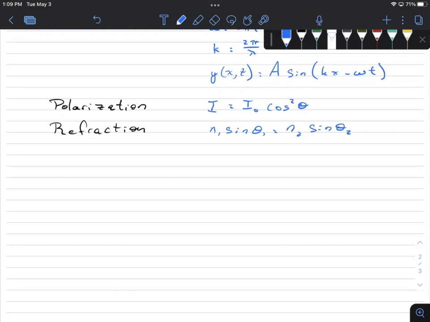Now, along with this, kind of a special case of refraction is called the critical angle. The critical angle is a special case where specifically you're starting in a more dense medium and you're going to a less dense medium. That's the first requirement.